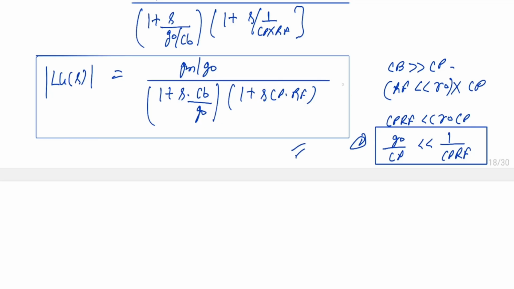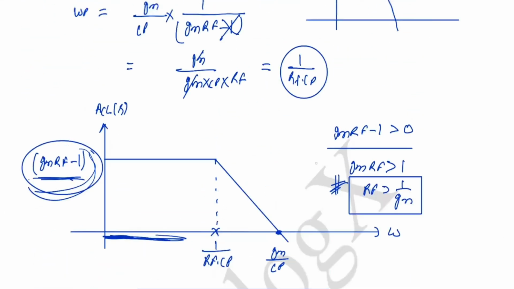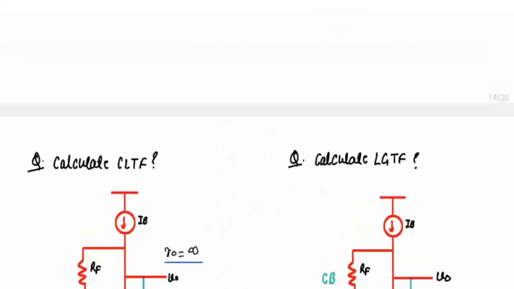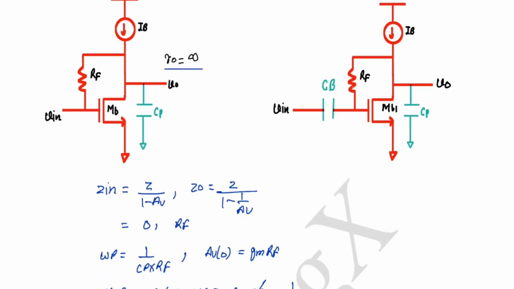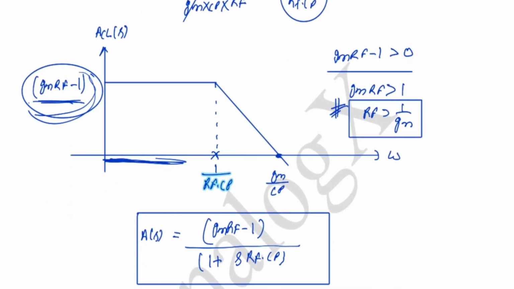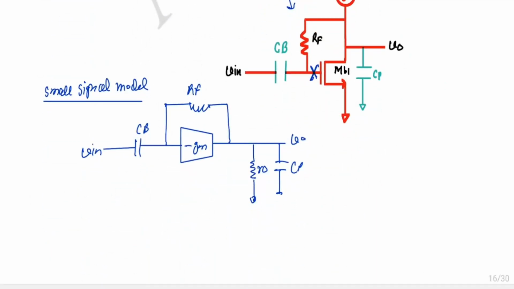I hope I was able to explain. You can now calculate the loop gain of this and the closed loop gain of the second problem. Again, let me summarize what I did. I break the loop at a high impedance node, then apply a test voltage at one node and measure output at the second broken node.